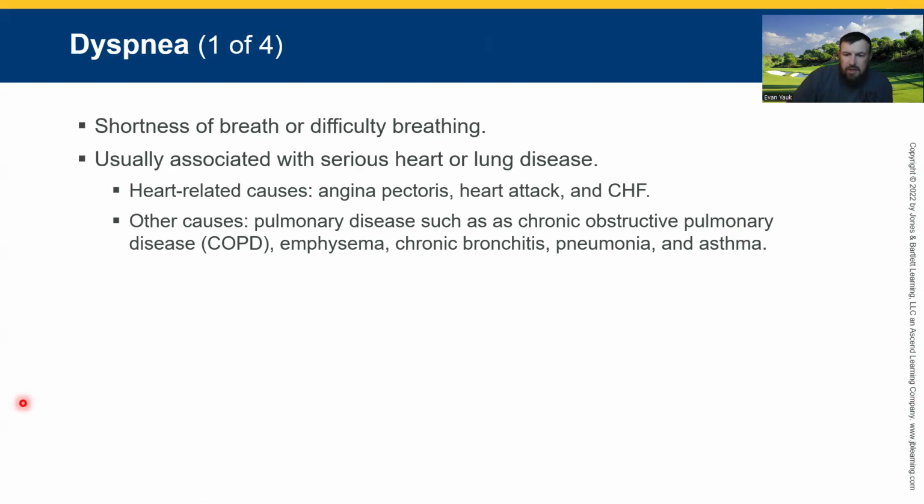So COPD and emphysema are caused by damage to the air sacs, the alveoli in the lungs, okay? Go ahead and write this stuff down. Just COPD and emphysema is damage to the alveoli. Chronic bronchitis is inflammation of the airways in the lungs. Pneumonia is an infection in the lungs.